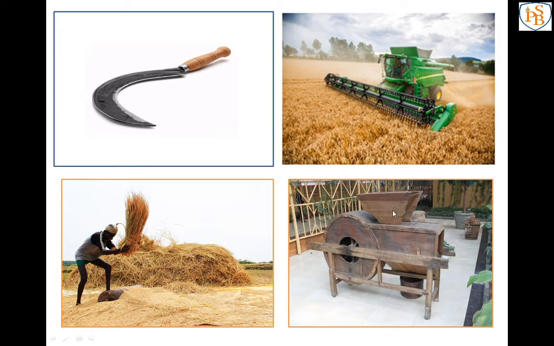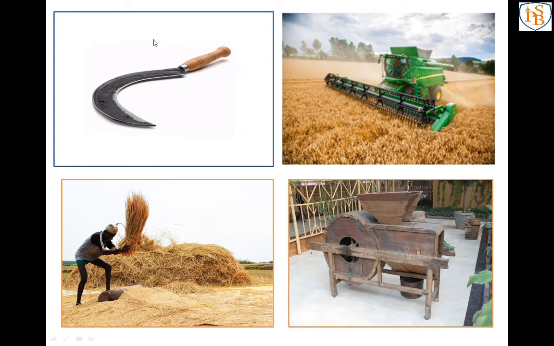For threshing we can also use the combine machine, which does the harvesting, the cutting, and the threshing. That's why the machine is known as a combine, doing the work of the harvester and the thresher.